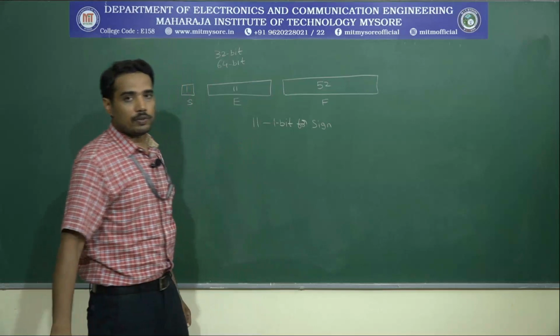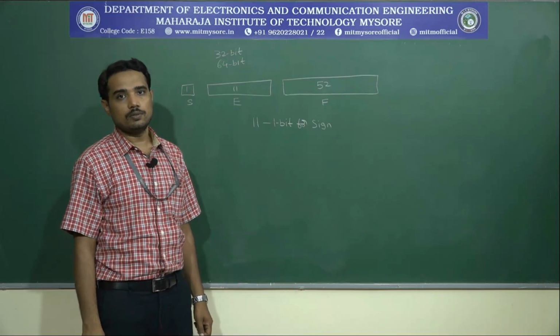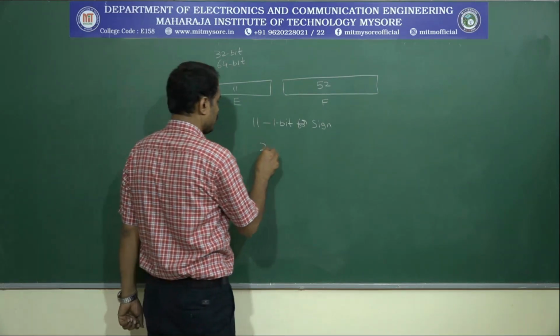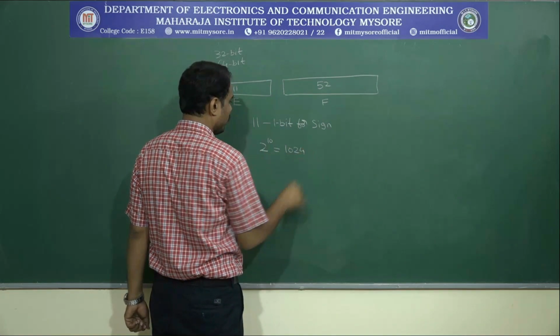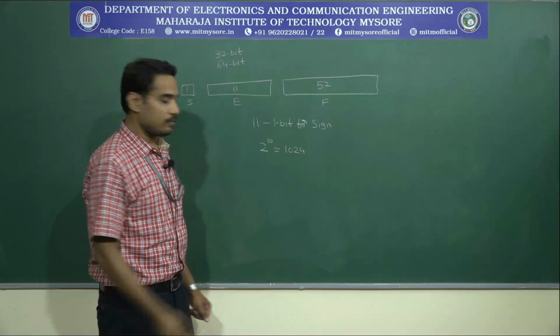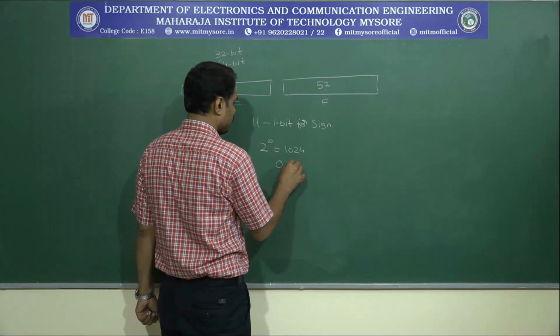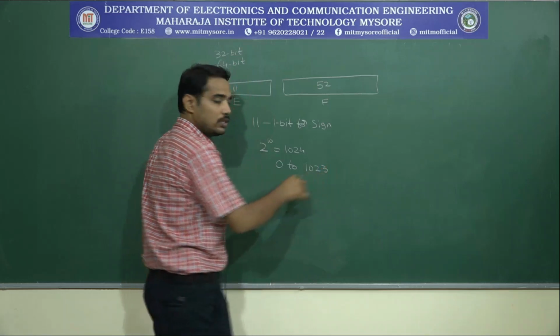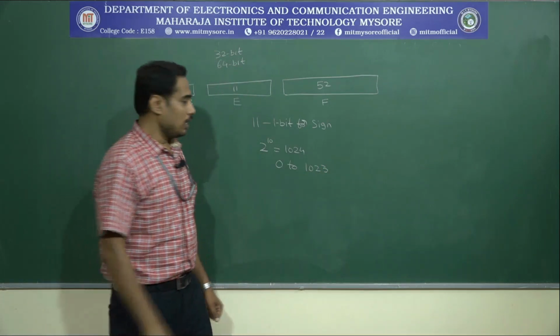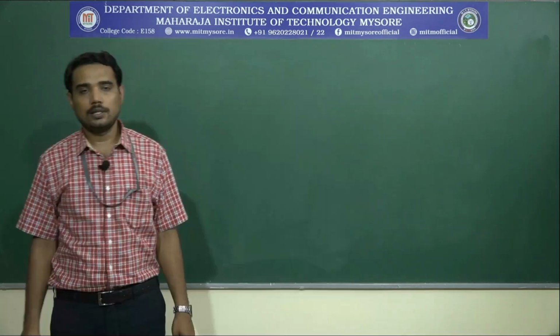In those 10 bits, we have to find the largest positive value. So 2 power 10 is equal to 1024, but while representing, we start from 0. So we will end up with 1023. This 1023 is the largest positive value.